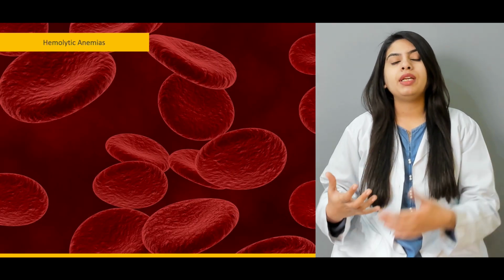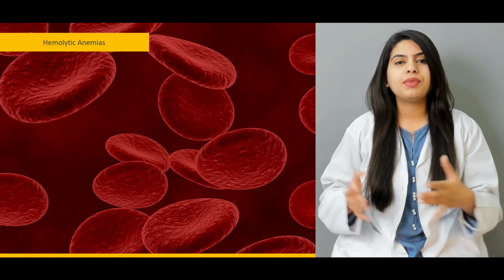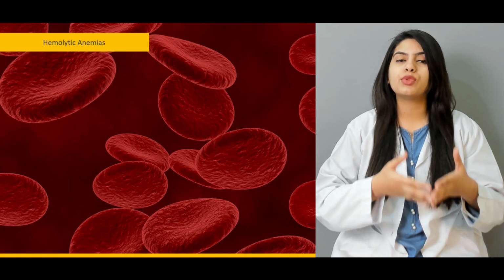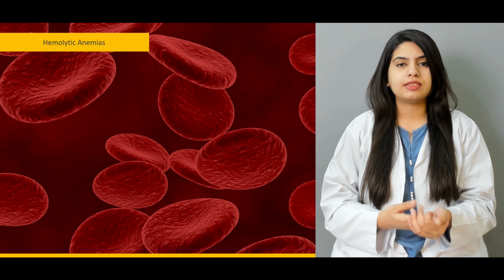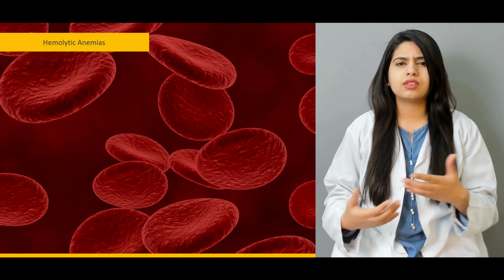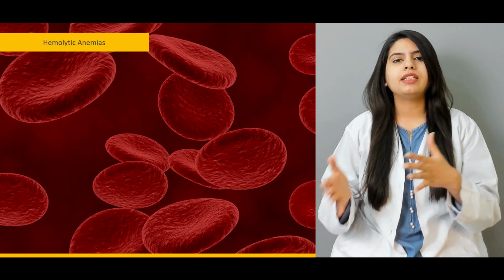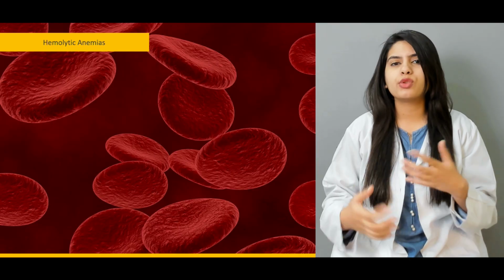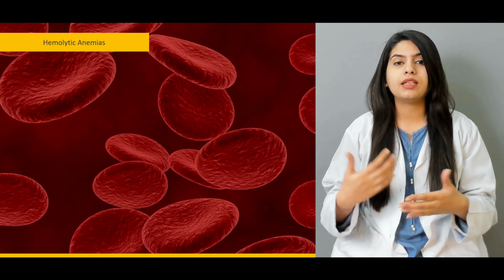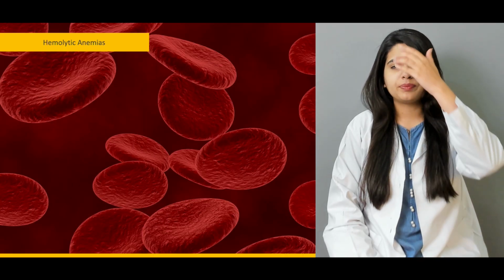So there will be quick destruction of immature red blood cells, plus increased production of red blood cells. All the different symptoms related to increased production of immature red blood cells may be seen while the patient is suffering from hemolytic anemia.